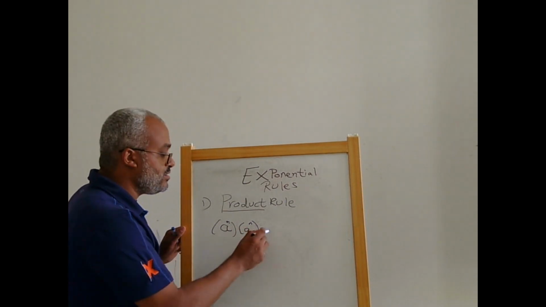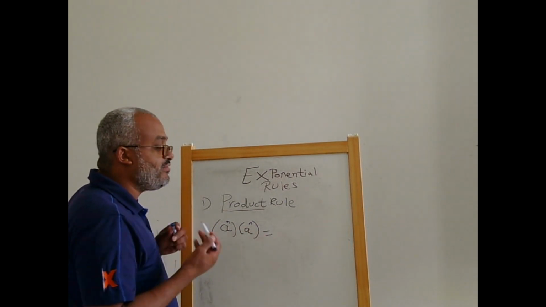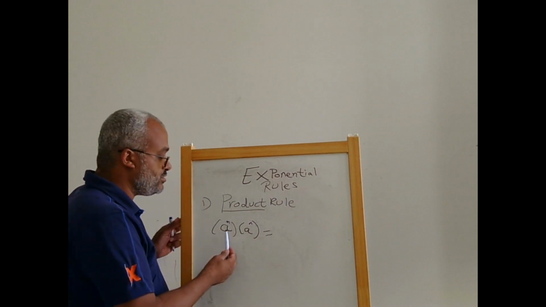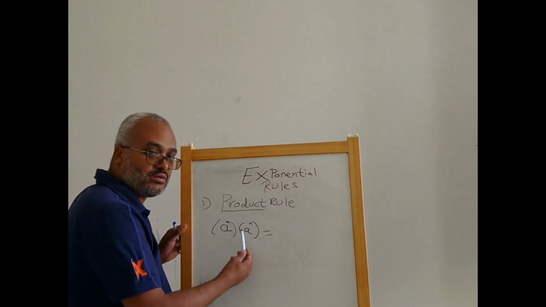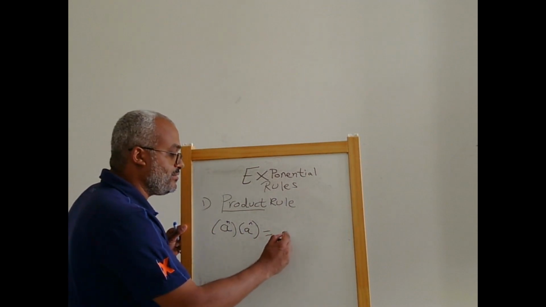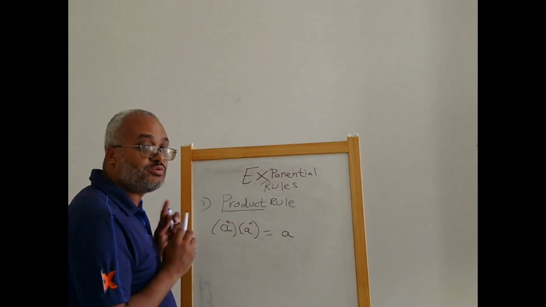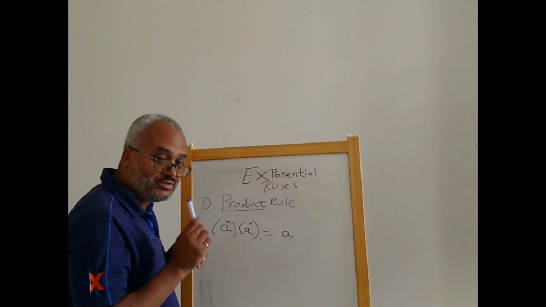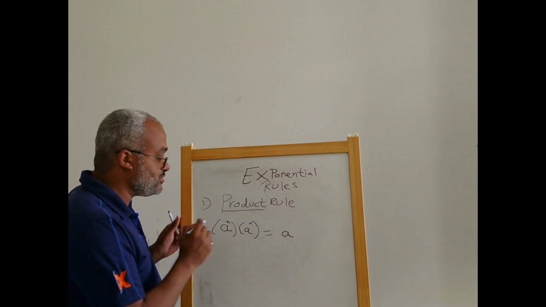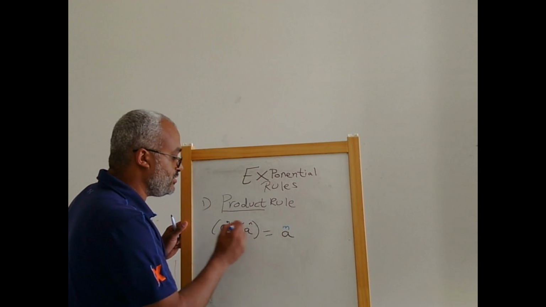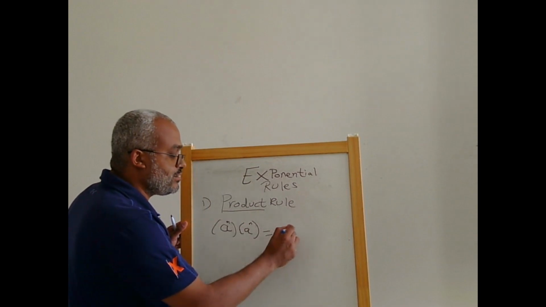Okay? So, when we have a product rule, what do we do? We take one base, so it will be A. Okay, what do we do with the exponent? That's right, we add them. So m, the first one, plus n.